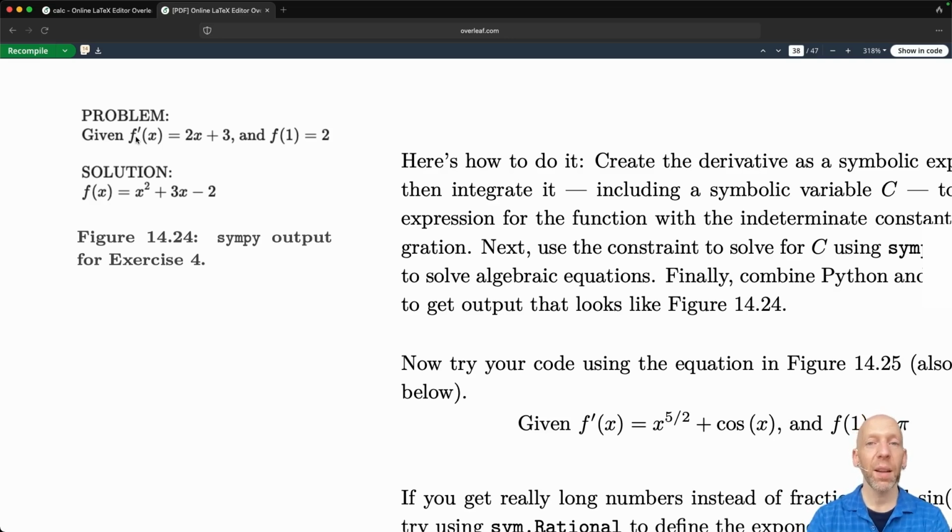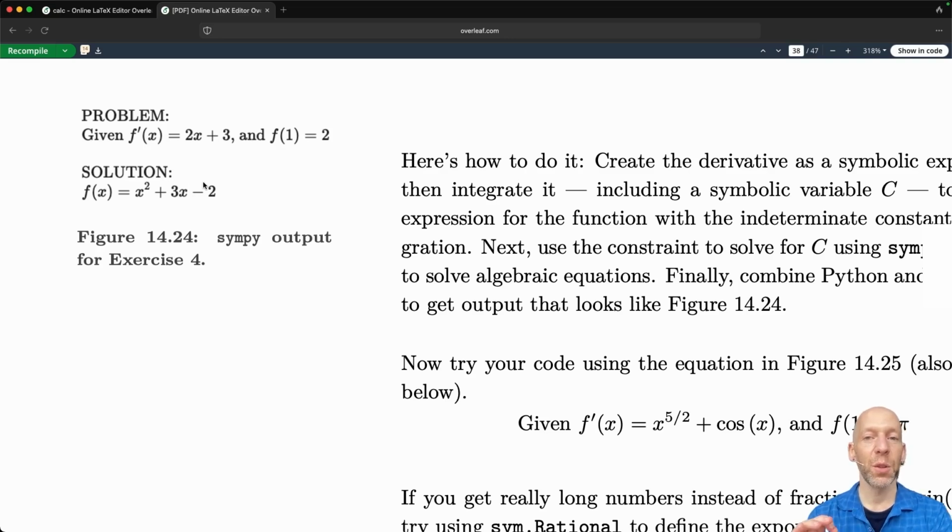Then we're going to have a constant of integration. And then we need to solve for this variable. So we plug in 1 for x, and we know the answer is going to be 2, and we have the unknown variable c, the constant of integration. And then we just do some algebra to solve for c, and that gives us the final solution, which for this particular problem setup looks like this.